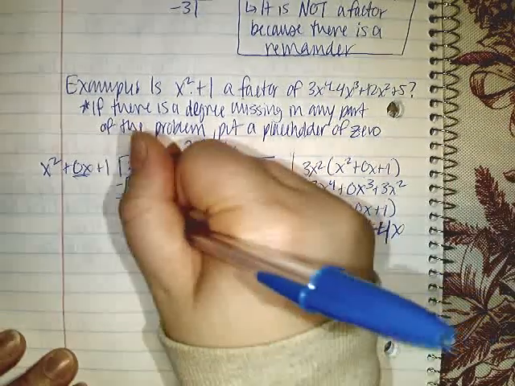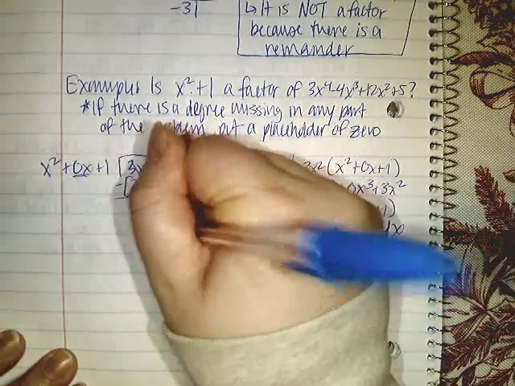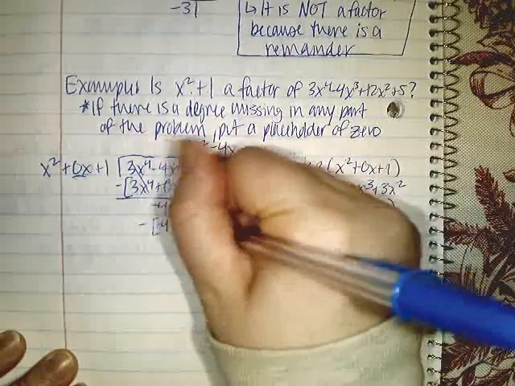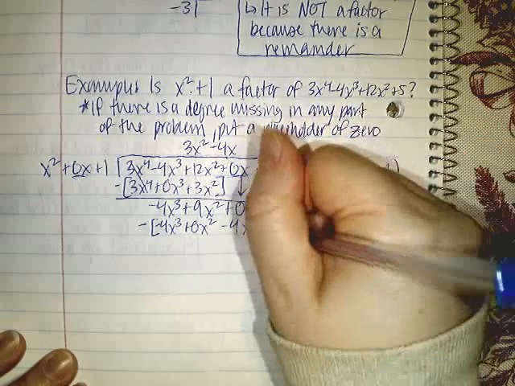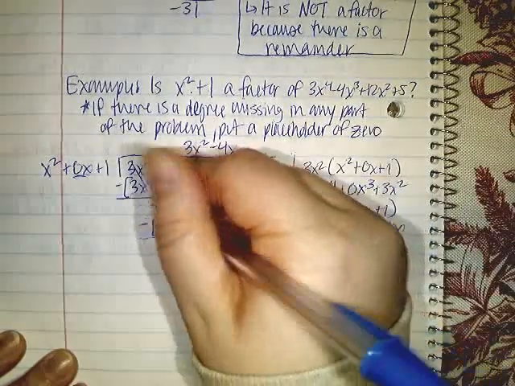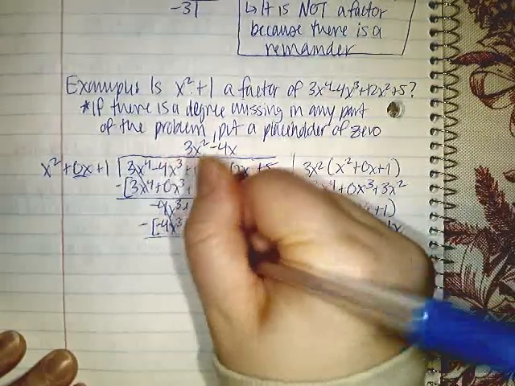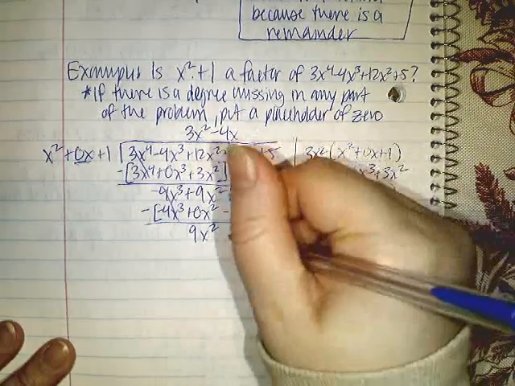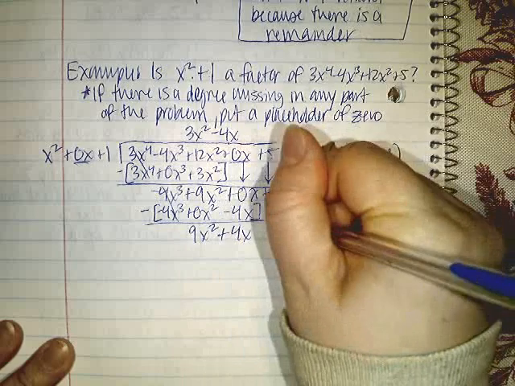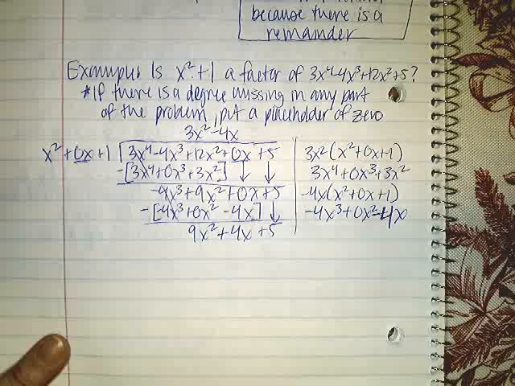So then I have minus parentheses negative 4x cubed plus 0x squared minus 4x. Subtract those down. Double negative still cancels. There's nothing to combine with the x squareds. Negative 4 becomes positive 4x, and then I carry down the 5.